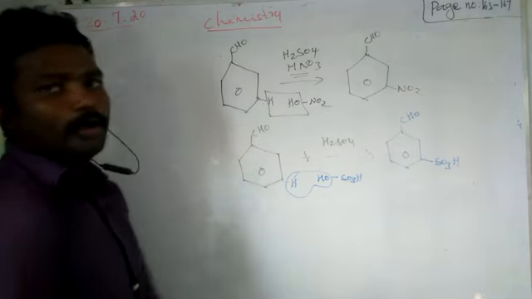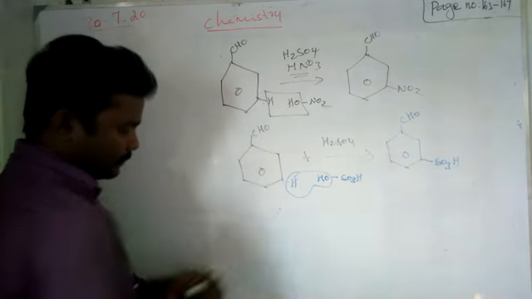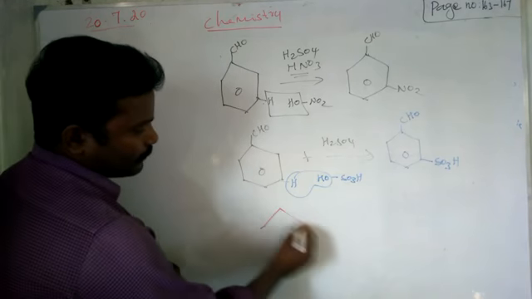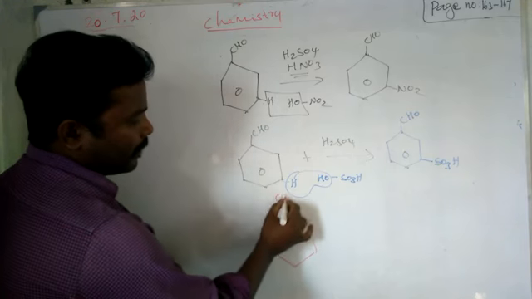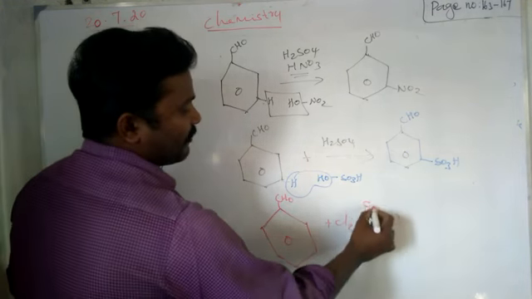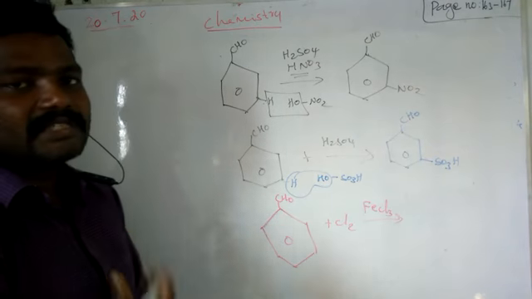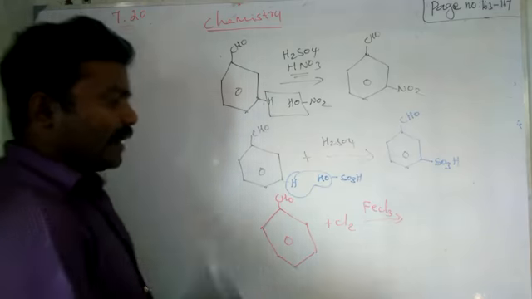Next reaction, chlorination, a halogenation reaction. We are going to add chlorine, that's why it is called chlorination. Benzaldehyde with chlorine in the presence of the catalyst ferric chloride. This is an important reaction because in the presence of catalyst it will give one product, and in the absence of catalyst another product.